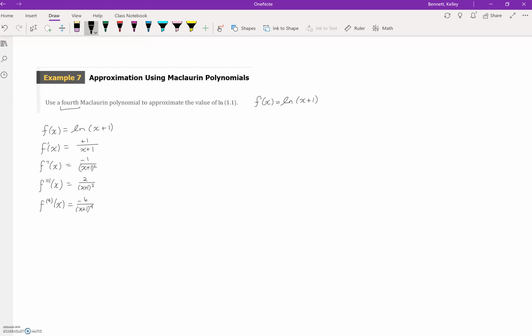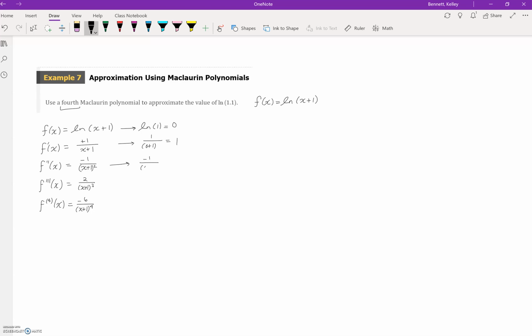So now that we have our derivatives, we can go ahead and evaluate at x equals 0, because again, Maclaurin polynomials are always centered at x equals 0. So this is going to be the natural log of 1, which is 0. This is 1 over 0 plus 1.